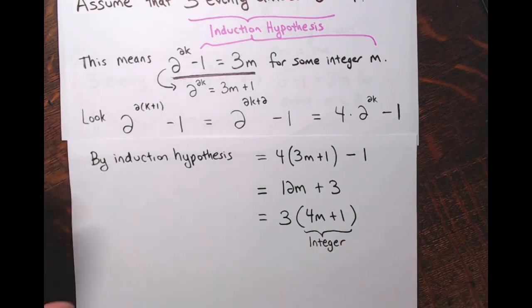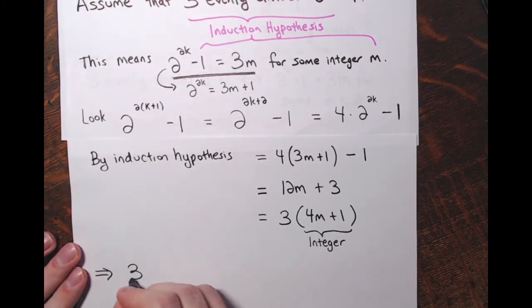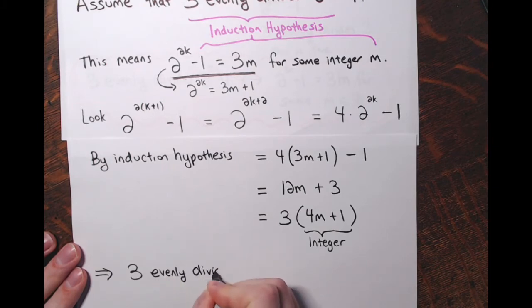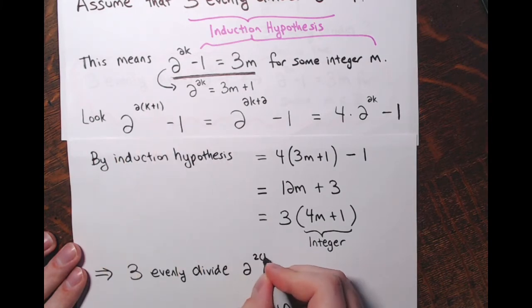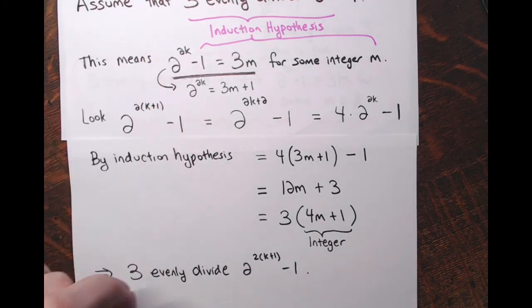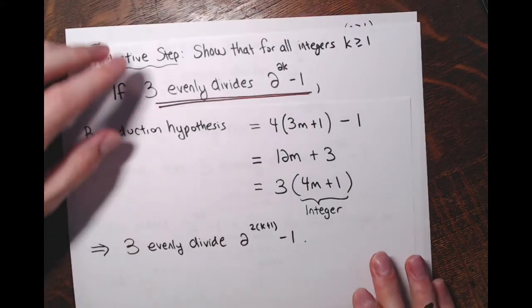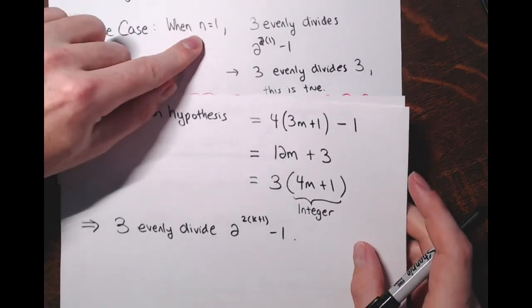So we have just shown, therefore, 3 does evenly divide 2 to the 2 times k plus 1 power minus 1. So we have shown that if the statement's true for k, then it'll be true for n equals k plus 1, the next integer up. And because of our base case, we've shown it was true for 1.